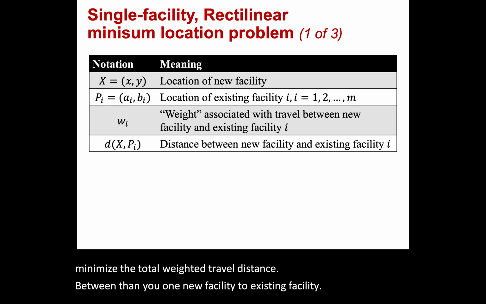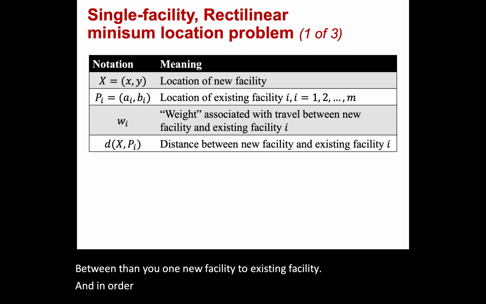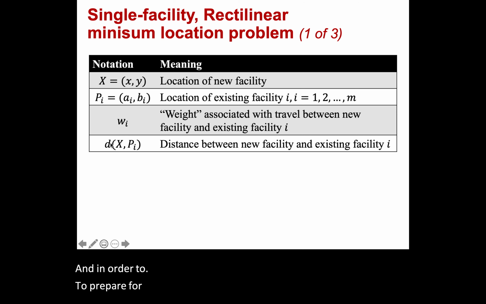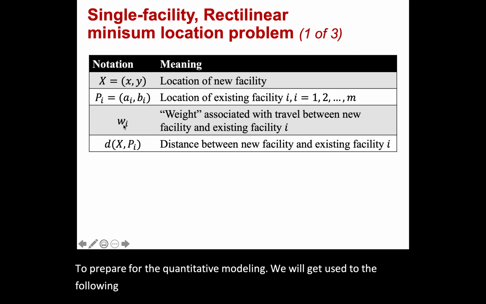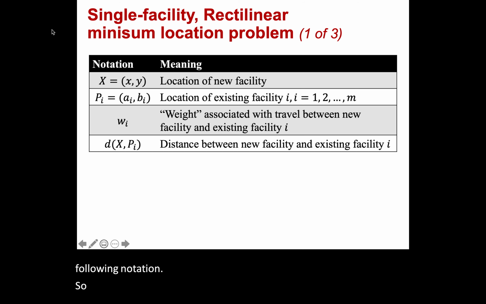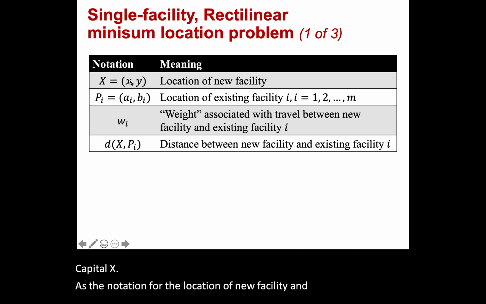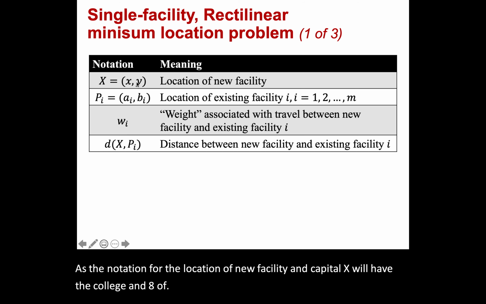And in order to prepare for the quantitative modeling, we will get used to the following notation. So we will use the capital X as the notation for the location of the new facility, and capital X will have the coordinates small x and y.